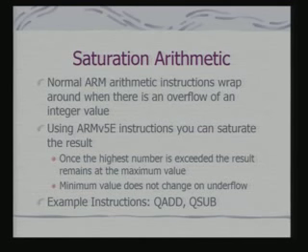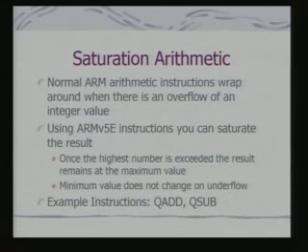Similarly, if there is an underflow beyond 0, it will become all 1s. So, that is basically the underflow and overflow wraparound. Now, using ARM v5E instructions, you can saturate the result. That means the result will be stuck at the maximum or the minimum value. So, the result remains at the maximum or minimum value.